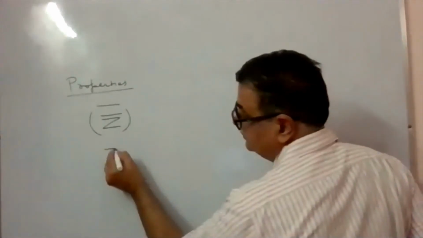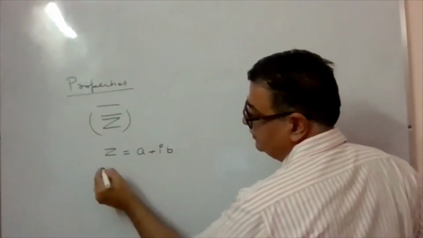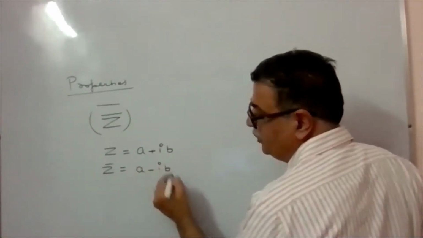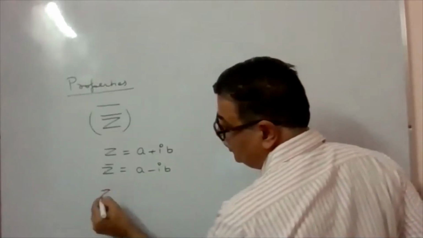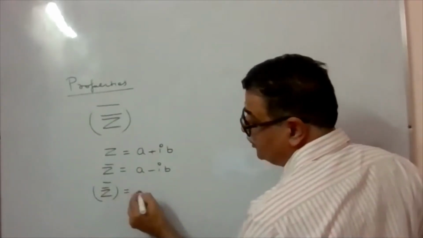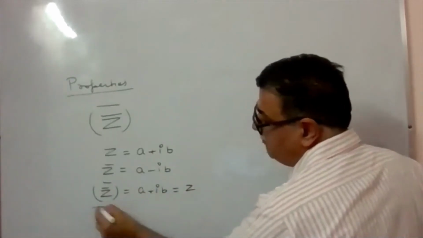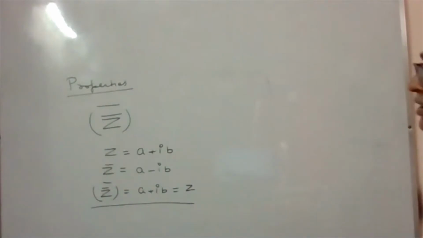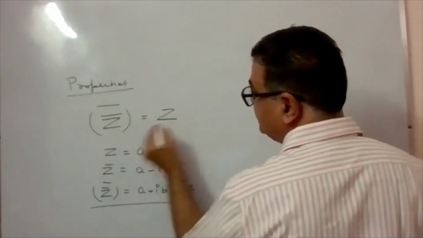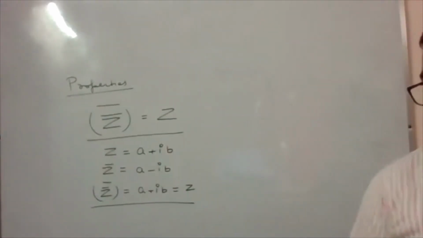Just check here. Z is a plus iota b. When you go for z bar, it will come a minus iota b. And when you take bar whole bar, that means one more time conjugate, it will come out to be a plus iota b. So we got the complex number back. So we should say z bar whole bar will be simply z. That you should keep in mind. This is property number 1.